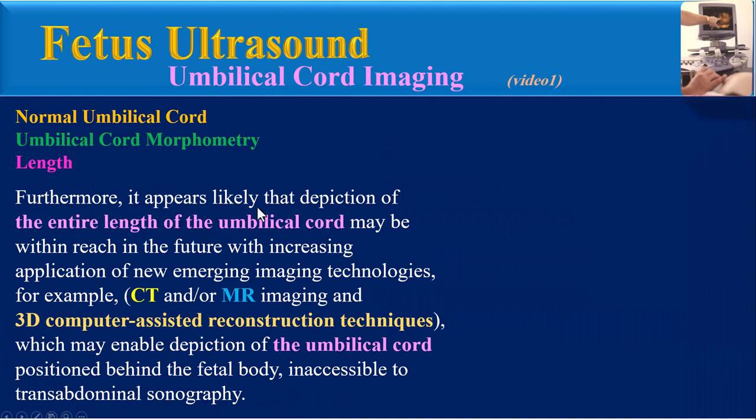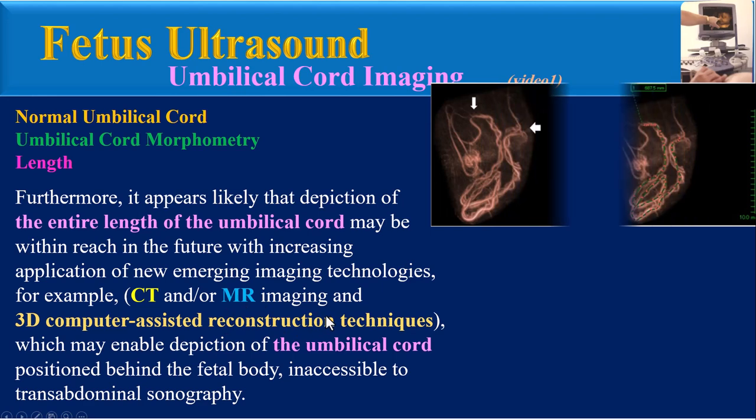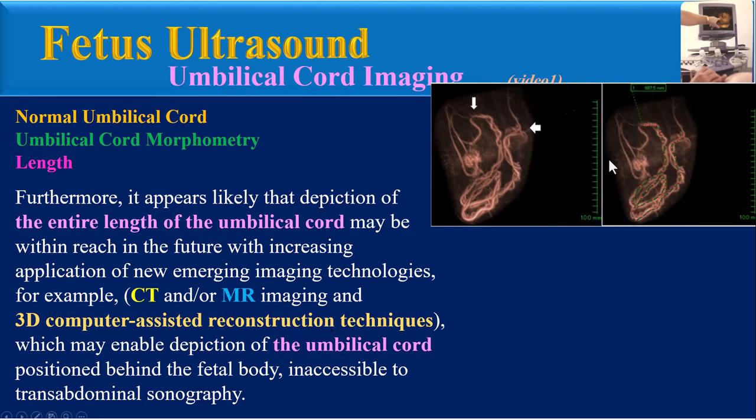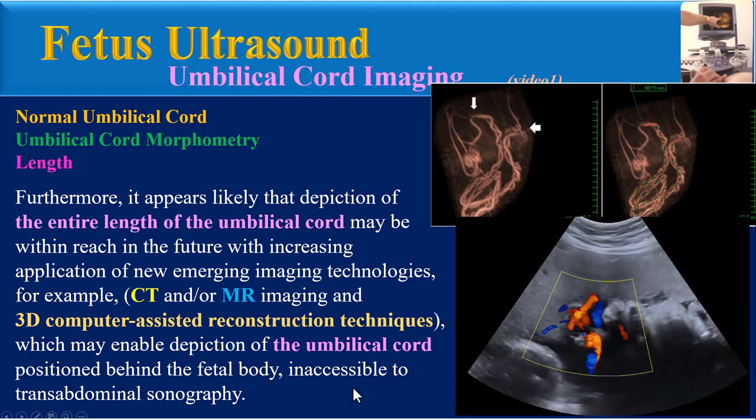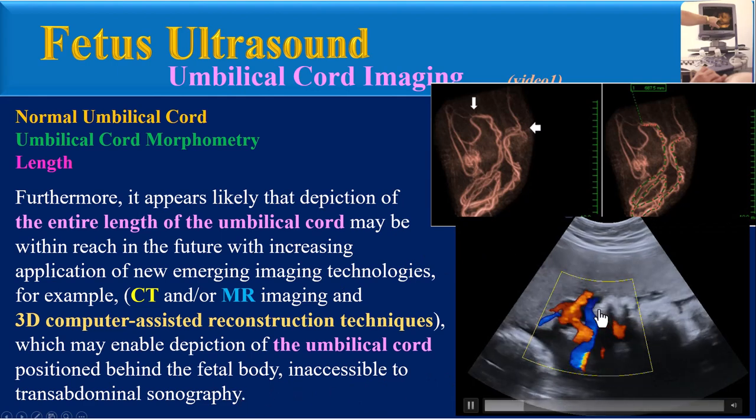Furthermore, it appears likely that depiction of the entire length of the umbilical cord may be within reach in the future with increasing application of new emerging imaging technologies, for example CT and/or MR imaging and 3D computer-assisted reconstruction techniques, which may enable depiction of the umbilical cord positioned behind the fetal body, inaccessible to transabdominal sonography.